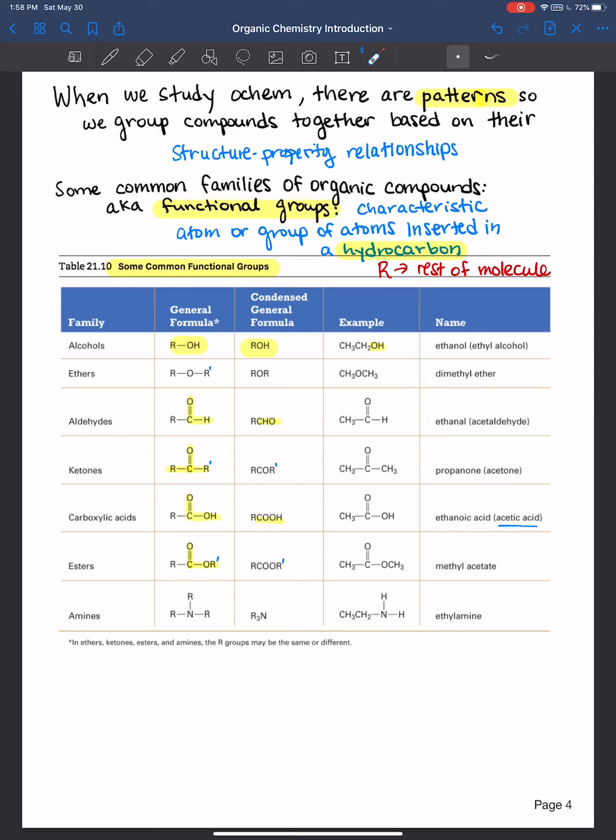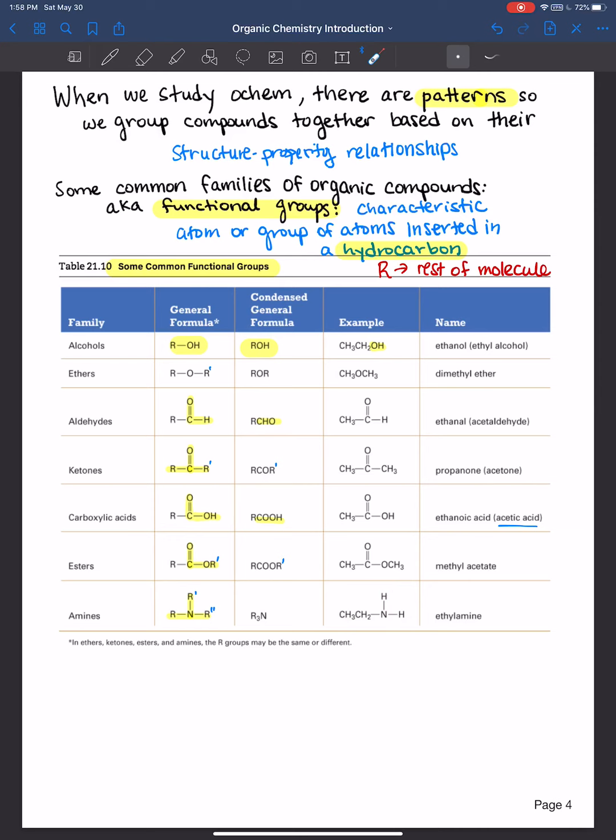And then finally there are amines, which are nitrogen-containing molecules. So nitrogen can have R groups attached to it. It can have hydrogens. The R groups don't have to be the same. So you have R prime and R double prime here, for example. And the example they do show here is ethylamine.